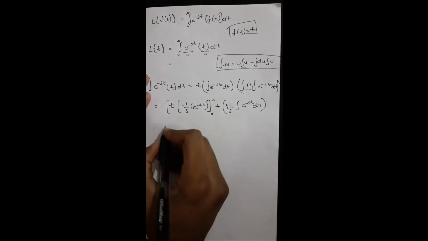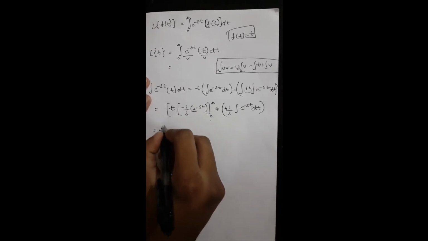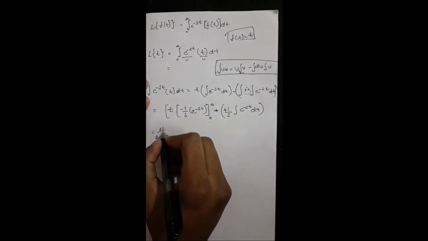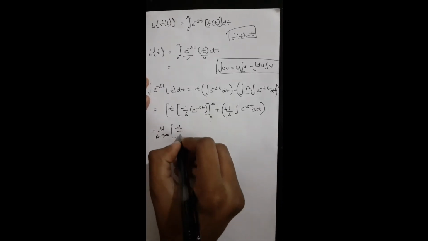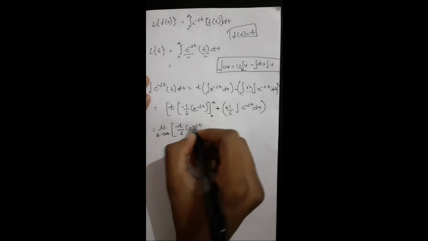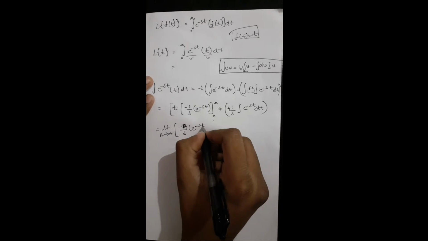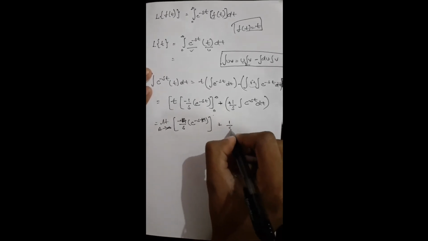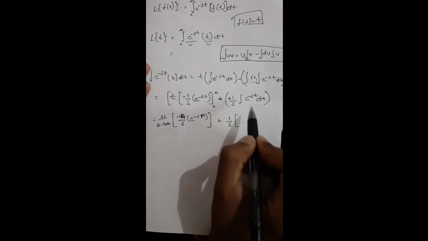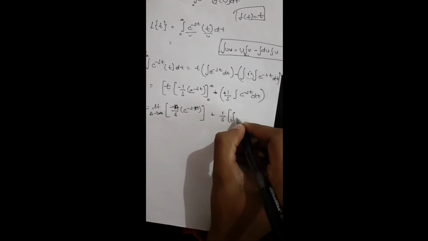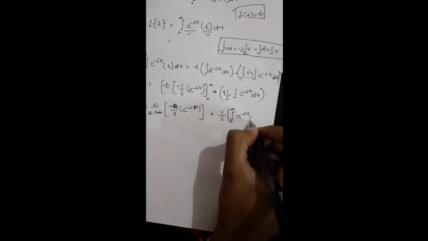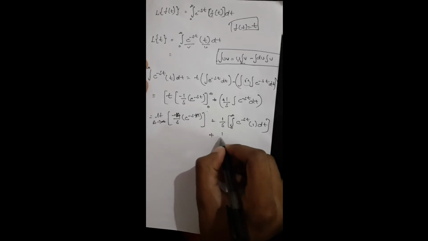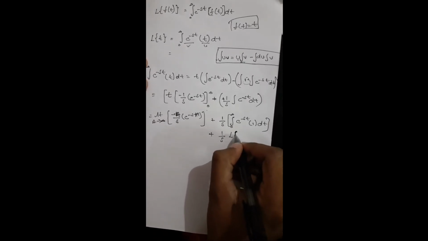So let's take some a in place of t: minus t by s into e to the power minus st. Plus 1 by s into the integral from 0 to infinity of e to the power minus st into 1 dt, which is in the form of Laplace of 1. So this we can write as Laplace of 1.